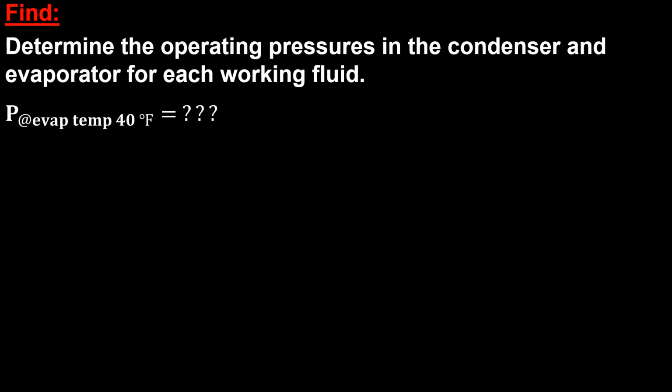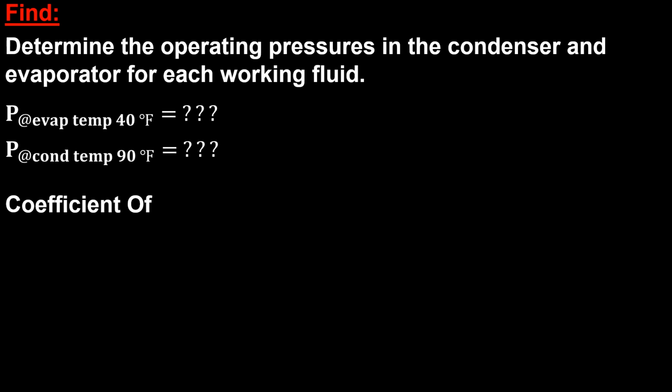The evaporator is changing phase from liquid to vapor. And in order for this to happen, the temperature of the working fluid must be at a saturation temperature. So the 40 degrees Fahrenheit is the saturation temperature. So the question is, what is the corresponding saturation pressure? And the same thing we want to do for the condenser at 90 degrees Fahrenheit.